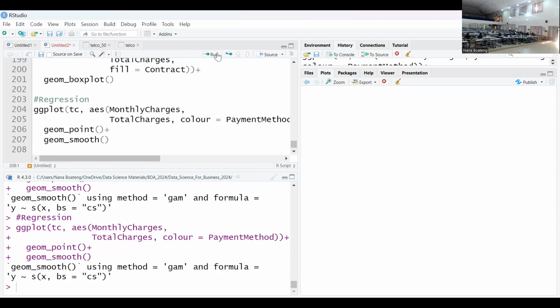So you see different colors for all the various types of payment method. All right. Okay.